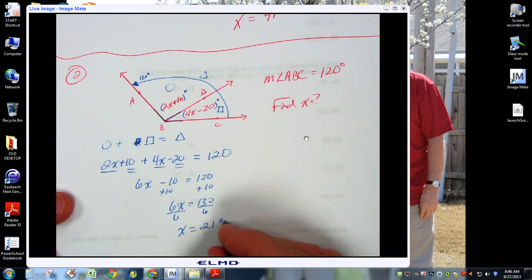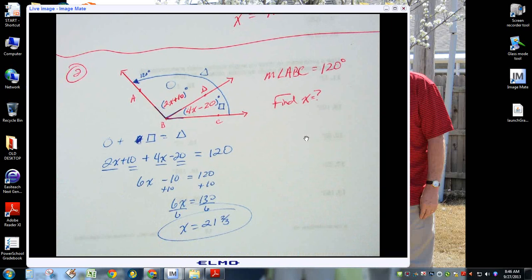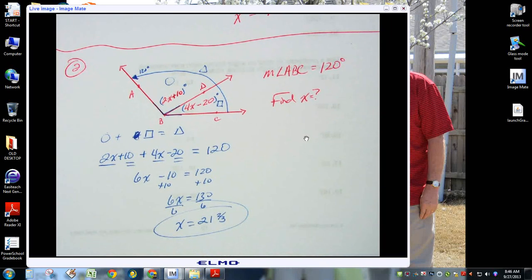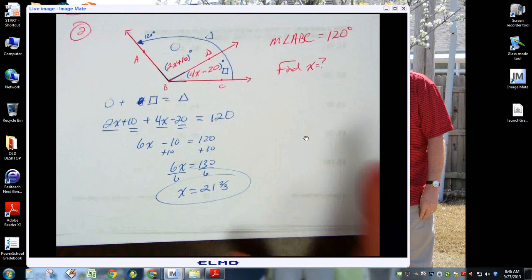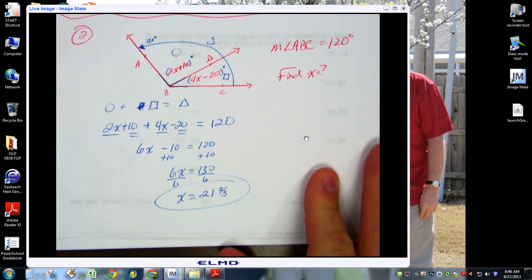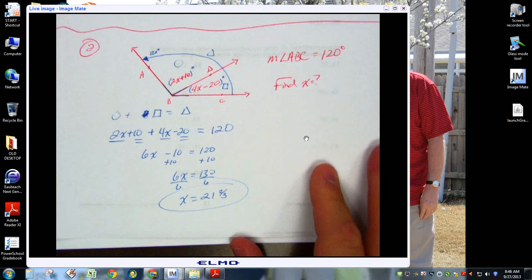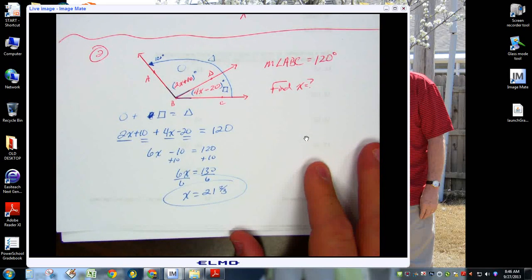21 2/3. Is that right? Put it into your calculator, see what you get. You get 21 2/3. I didn't mean for it to come out to be a fraction, but sometimes that happens. Go 130 divided by 6 equals. Snap, I did 60.